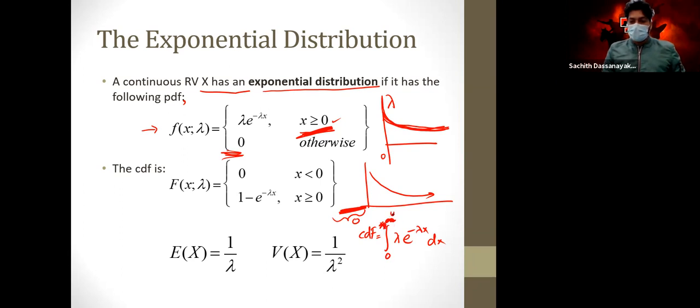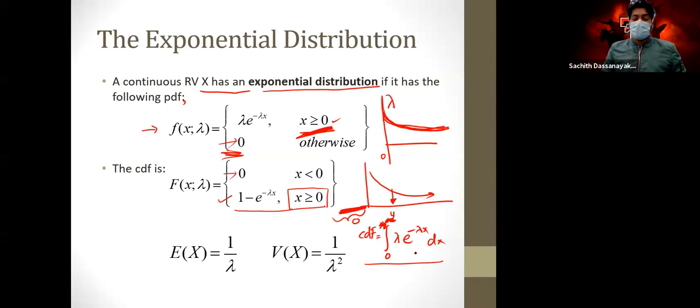I'll use y, otherwise you will be confused. Once you integrate from 0 to any point, you find the CDF of this exponential distribution, which is this one, for all x greater than 0. For all x less than 0, it is 0.